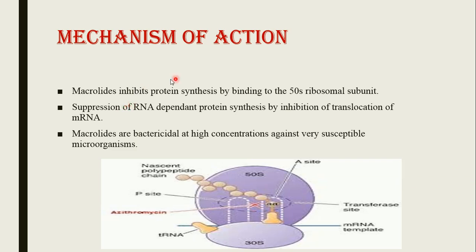The mechanism of action of macrolides: macrolides inhibit protein synthesis by binding to the 50S ribosomal subunit. How do they inhibit protein synthesis? The drug will go and bind with the 50S ribosomal subunit, which is involved in protein synthesis. This suppresses RNA dependent protein synthesis by inhibition of translocation of mRNA.